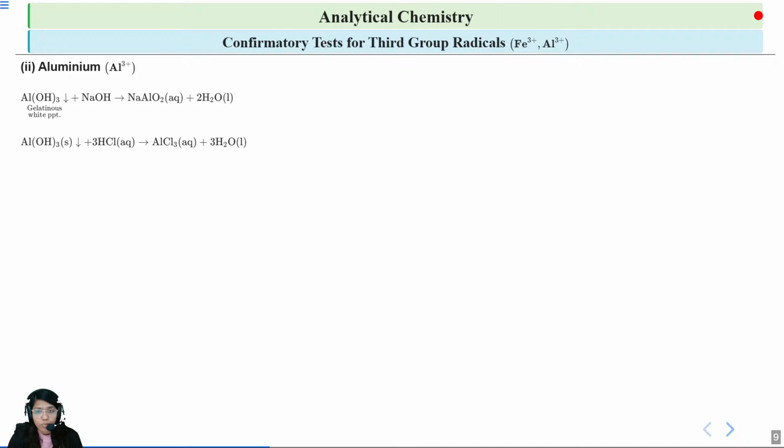So when a base reacts with an acid, they neutralize each other to form a salt and water. In this case, aluminum hydroxide Al(OH)3 reacts with hydrochloric acid HCl to produce aluminum chloride AlCl3, which is a soluble salt, and water.